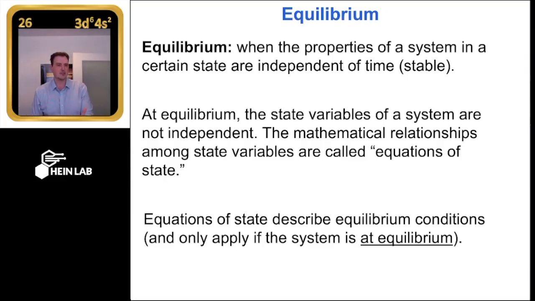So this is a concept that really matters. For thermodynamics, we are always studying systems at equilibrium. We are going to then do something to the system. We will change it. We will add energy. We will add mass. And then we wait for it to reach equilibrium again. The calculations and most of the assumptions we're going to apply, all the rules and laws that I'm going to be talking about in thermodynamics, the most important thing to remember is that we're talking about systems that start at equilibrium.